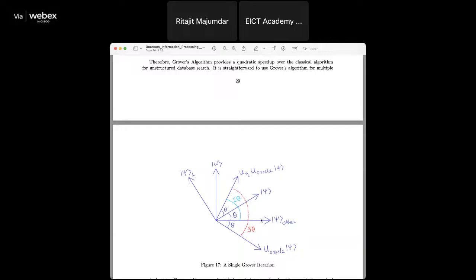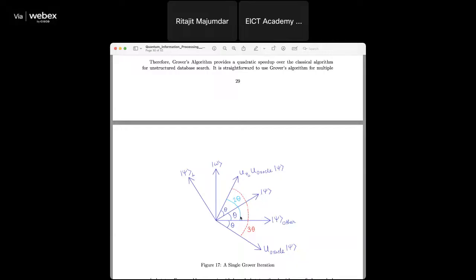If you think that this was the original state, what is the point here? If I look into any state psi, since it's an equal superposition, these are the combination of all bad states, and this is the combination of the good state. Initially, when you randomly select something, the probability that it will go here is very high.